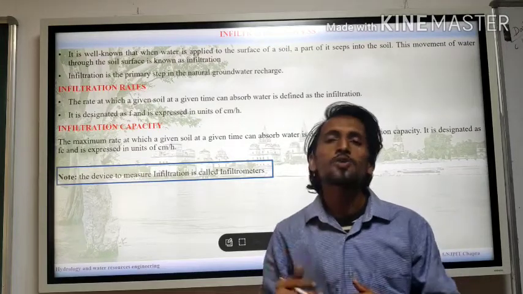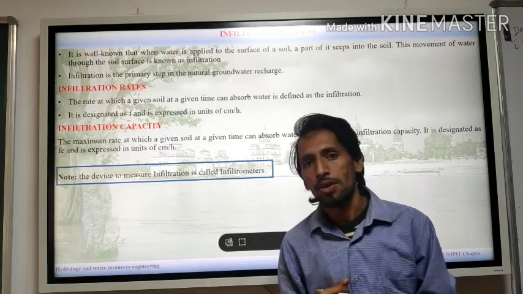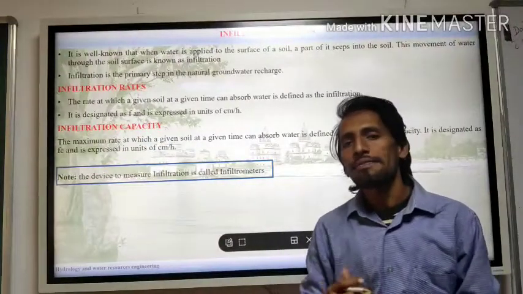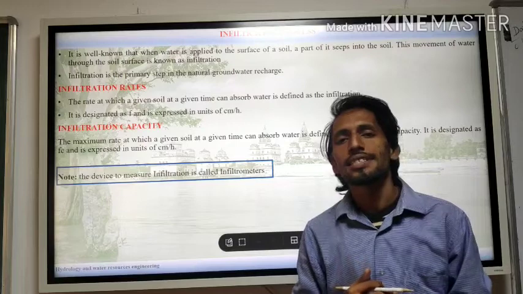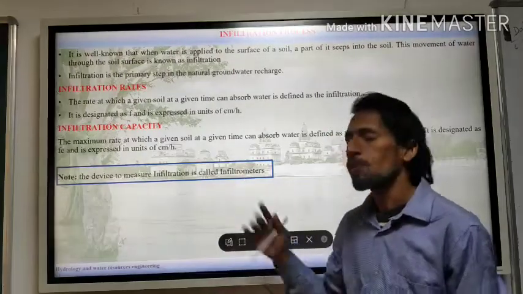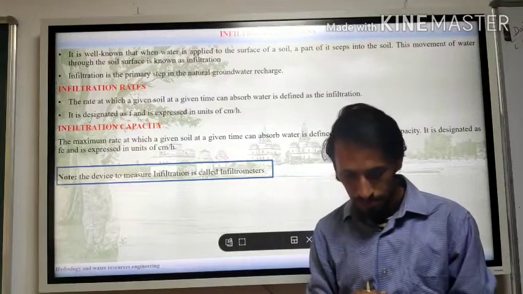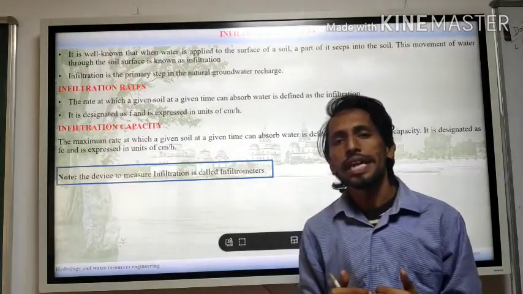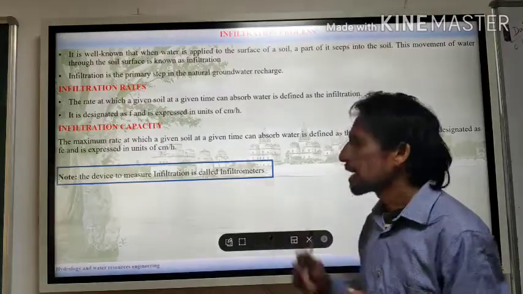Now how do you measure these infiltration rates? We have devices called infiltrometers. You can measure infiltration rates with the help of infiltrometers.